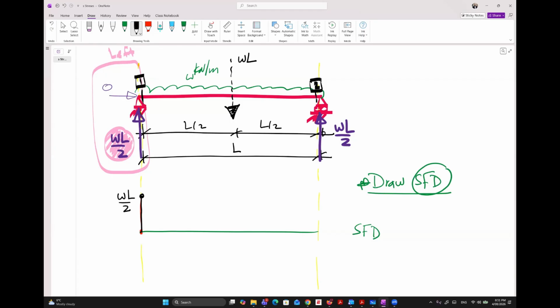Now, this is the challenge. From 1 to 2, do we have loads or not? We have loads, right? What is the load we have? W distributed or WL as equivalent. So how can we deal with this, guys?